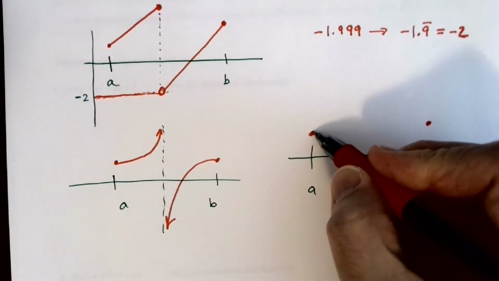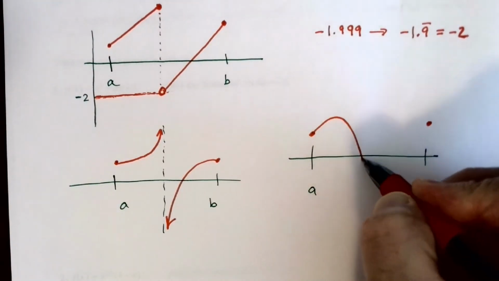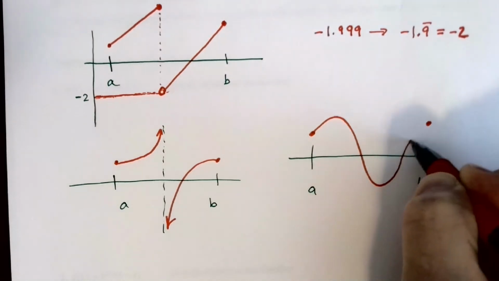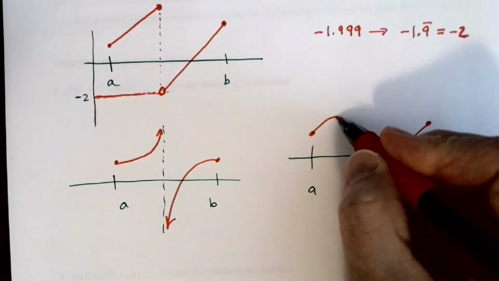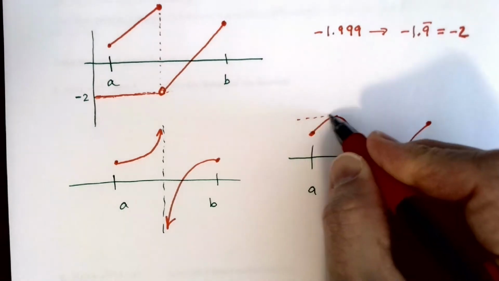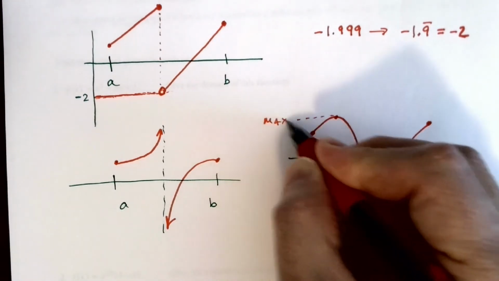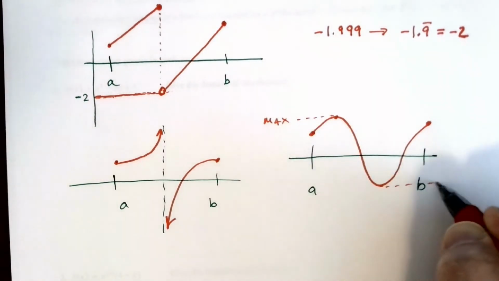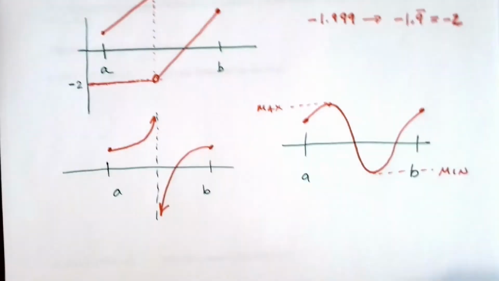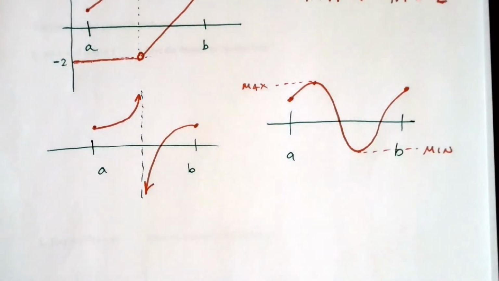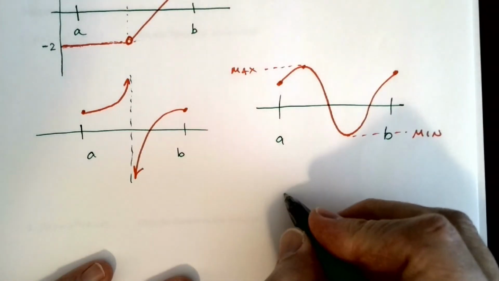So, where can I go? I try and move away and try and do something crazy, but I've got to come back to there, and therefore I have what? There's your maximum value up here, and I have what down here? I have my minimum value, okay?